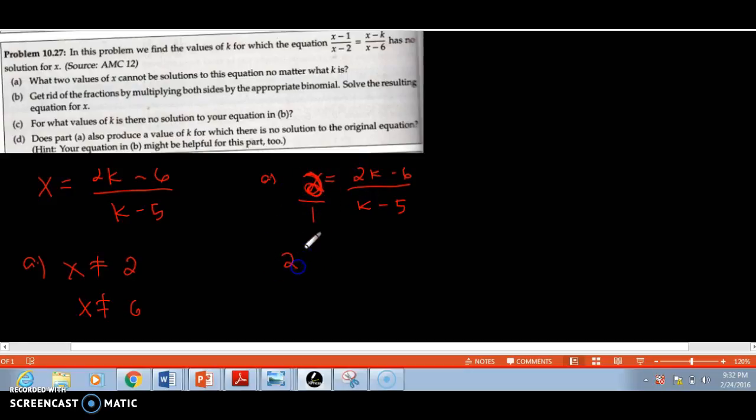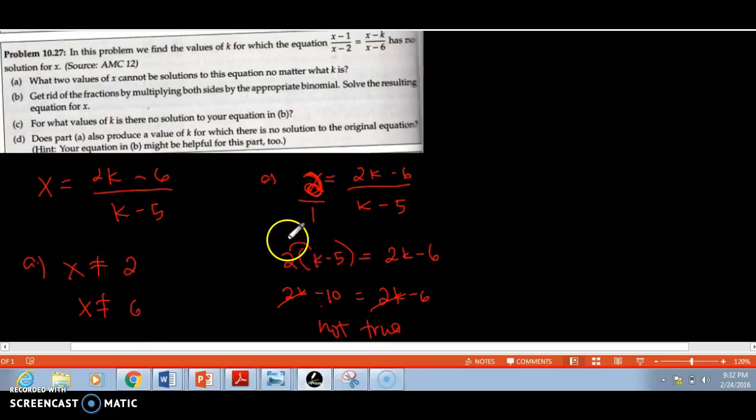So you can say 2 times k minus 5 is equal to 1 times 2k minus 6. We distribute this, so you have 2k minus 10 is equal to 2k minus 6. When you subtract 2k and 2k, you have negative 10 equals negative 6, which is not true. So this one doesn't work.